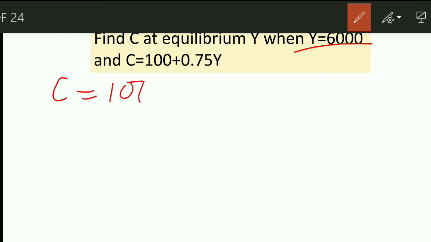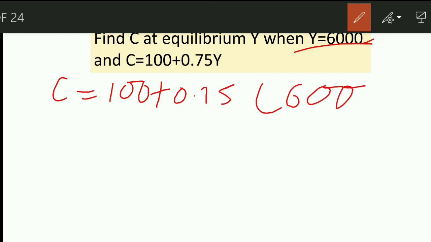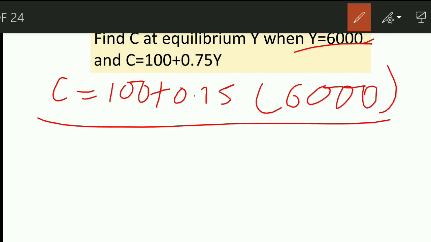So we can simply put it over here and we will get the value of C. So C will be equal to 100 plus 0.75, and the value of Y is given to us as 6000. If you put it and solve it, you will get the value of C. So pause it and please try to do it yourself because it is a very easy question.